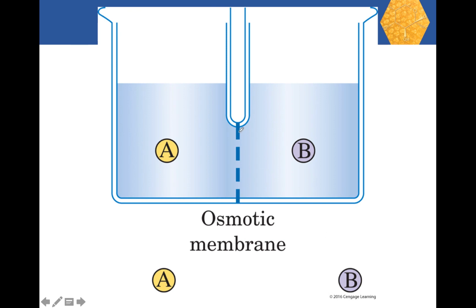So here we have a membrane, semi-permeable membrane. Notice keyword semi-permeable. It will allow solvent molecules, only solvent molecules to pass, and not solute. Let's see if we can apply that.